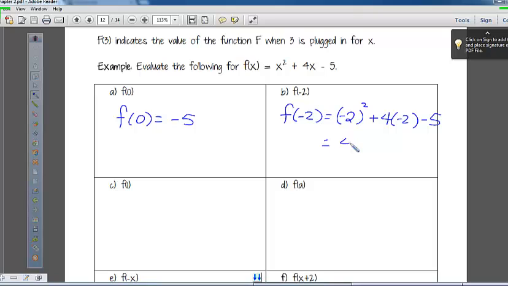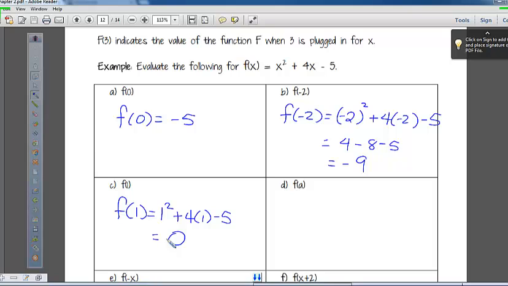So we got 4 minus 8 minus 5, which gives me what? Negative 9. All right, f of 1: 1 squared plus 4 times 1 minus 5 gives us 0.